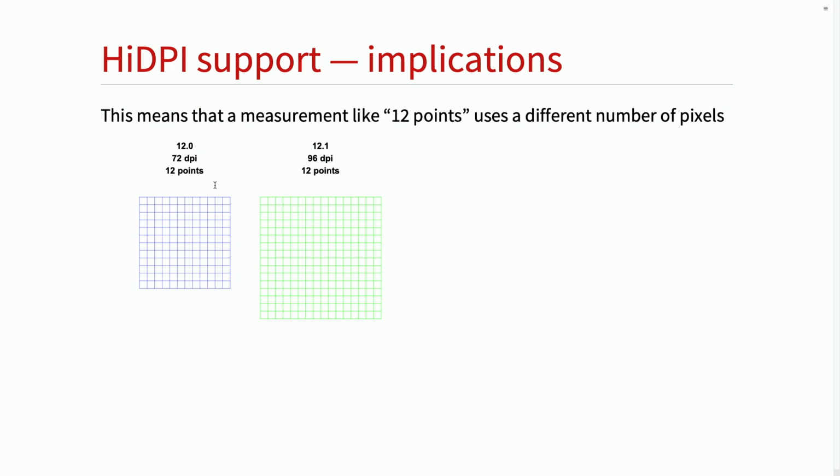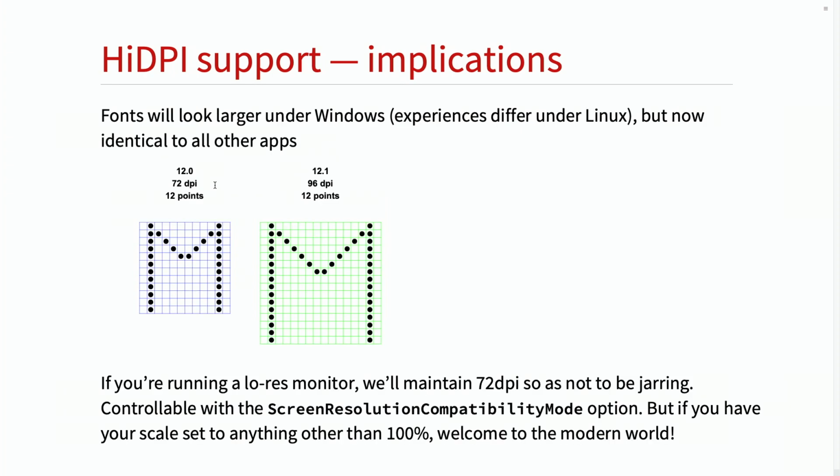And notice that I started using the word points here, pixels and points, and that's what we have to think about. Are we talking about pixels or are we talking about points? And so what's happening here is then, as a result, if we're going to draw a 12-point character, we're going to get something like this.